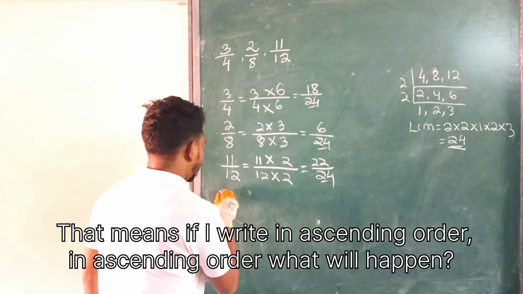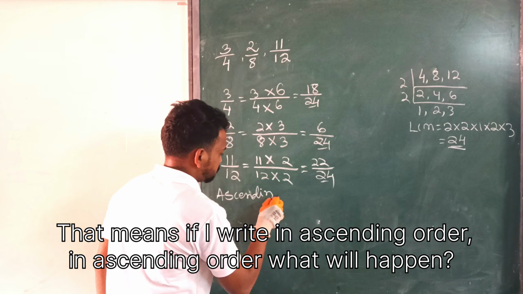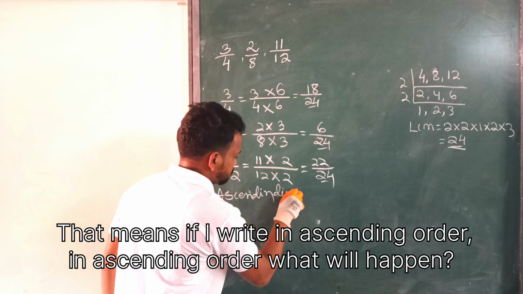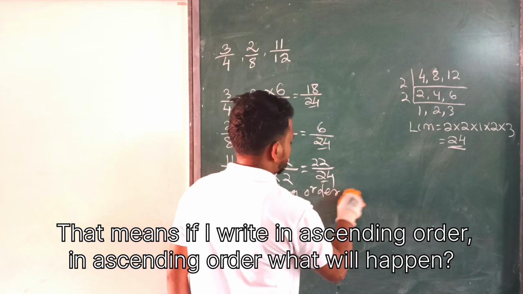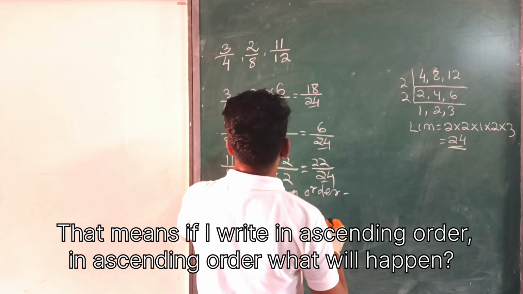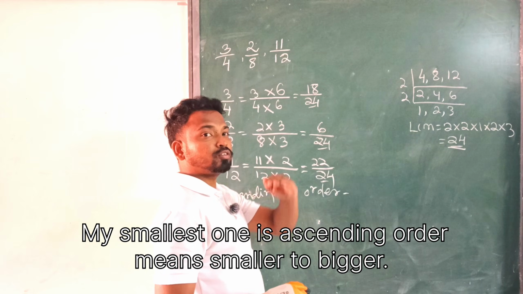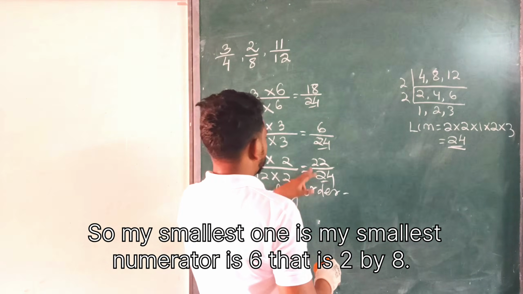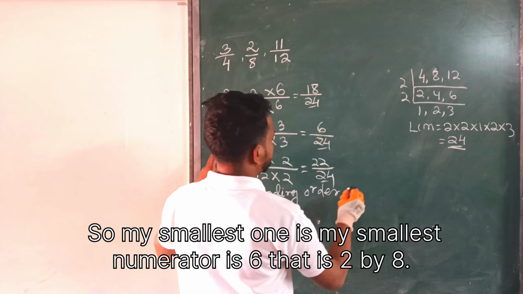That means if I write in ascending order, what will happen students? Ascending order means smaller to bigger. So my smallest one, my smallest numerator is 6, that is 2 by 8.